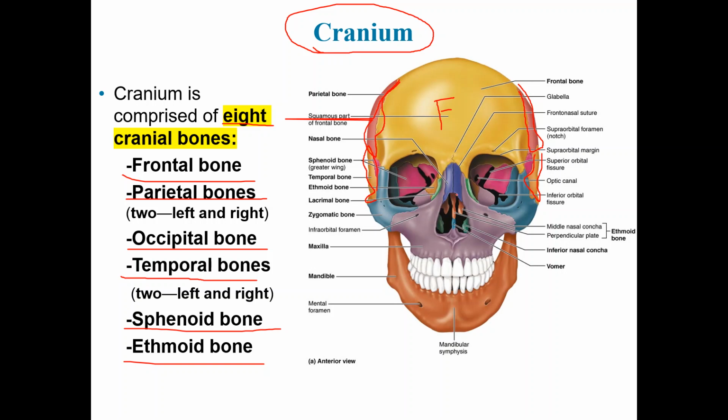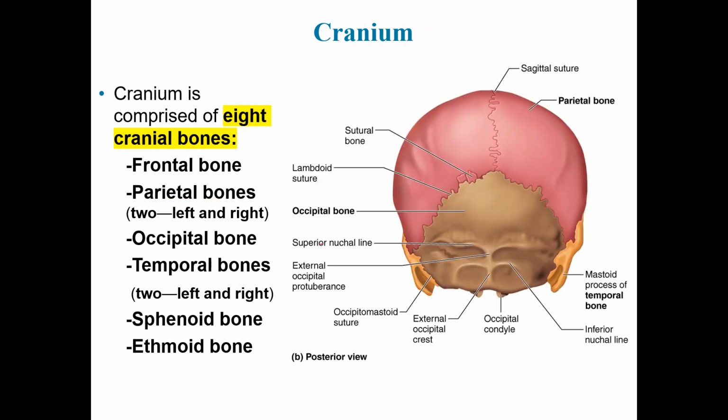The sphenoid bone, you can see some of it here from this view, but there is much more to it. We're going to see how this sphenoid bone has a very interesting shape. And then the ethmoid bone, which also you see just a portion of it here. This was the anterior view.